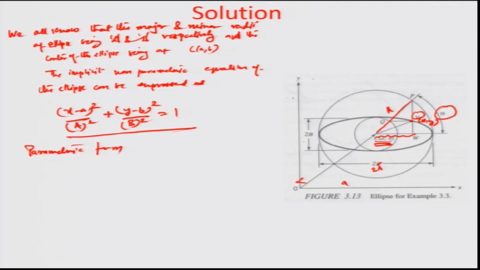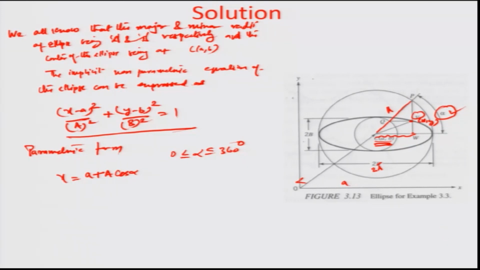So, when we are talking about the point x in space, x can be represented in terms of the parameter alpha, where alpha varies between 0 and 360 degrees, as the coordinate a plus the component of the angle alpha, A cos alpha. So, that is how you represent the x coordinate.